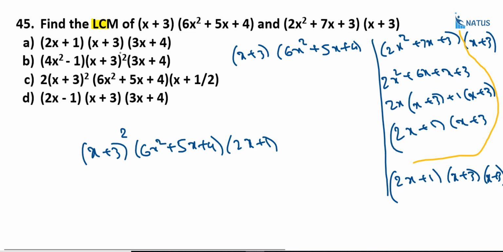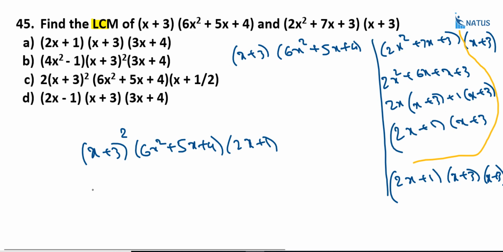If you observe these options, except this option, in the remaining three options, 6x square plus 5x plus 4 does not exist. But what about this one? 6x square plus 5x plus 4 is there, and x plus 3 is also there, but x plus 1 by 2.